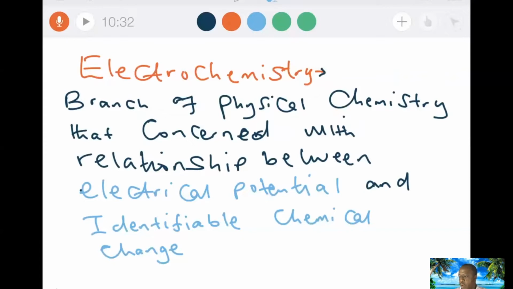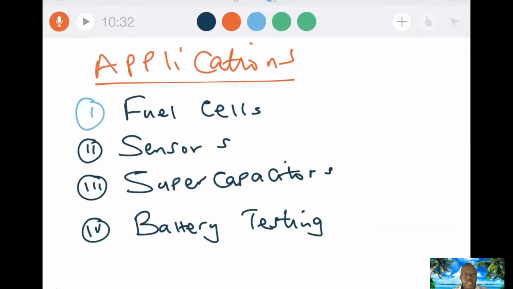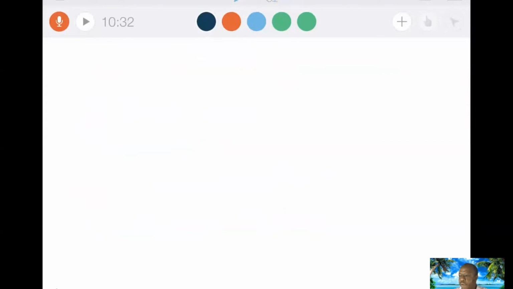So why is electrochemistry so relevant to our day-to-day life? It has application in fuel cells, sensors, supercapacitors, battery testing, and many other applications which I don't want to dive into. Let's go back to the basics of the type of reaction which you should know.